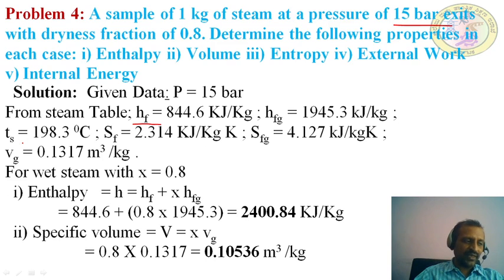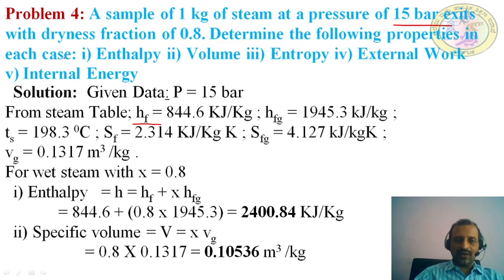So refer to the second column with 15 bar, and you will find 198.3 degrees Celsius. Again refer to the entropy: sf is 2.314 kilojoules per kgK, sfg is equal to 4.127 kilojoules per kgK. Again vg from the steam table is equal to 0.1317 cubic metre per kg.